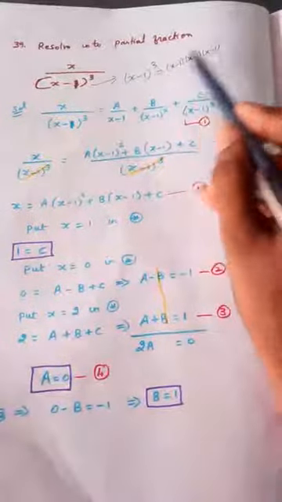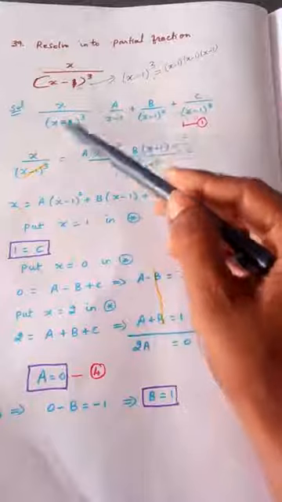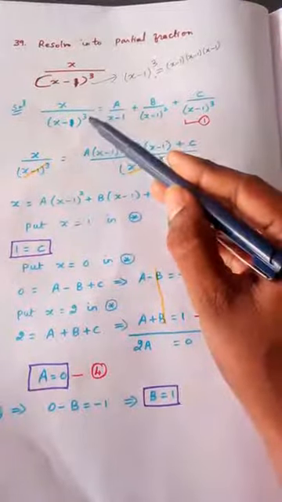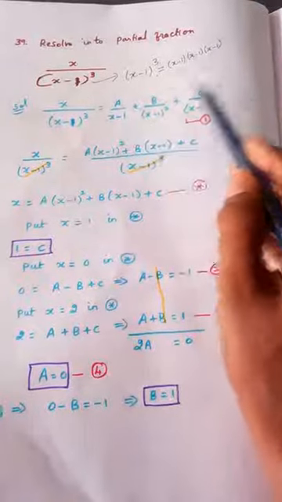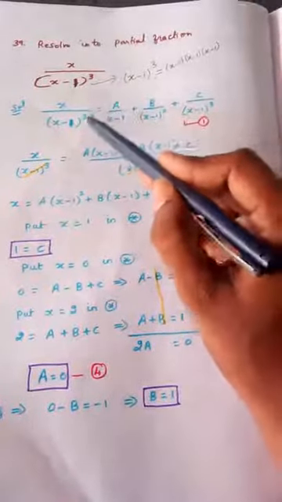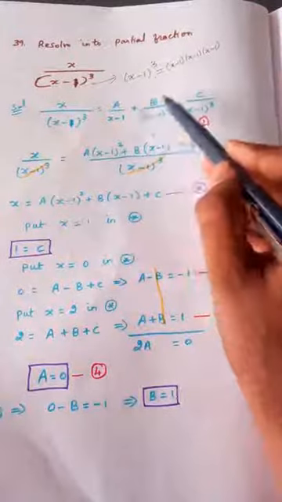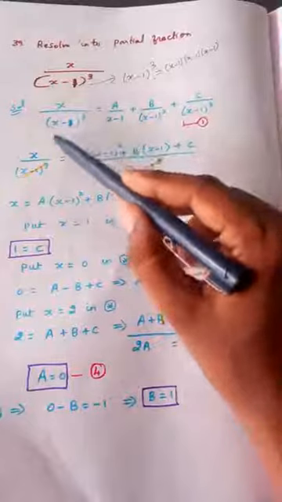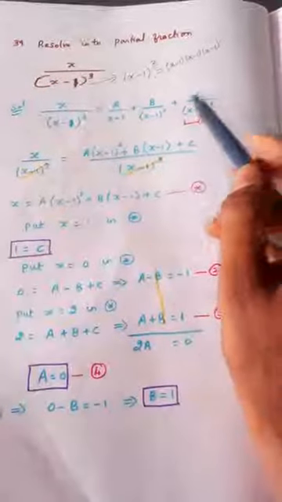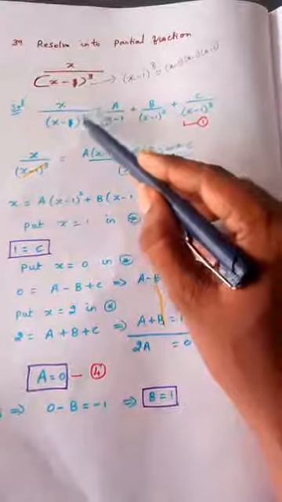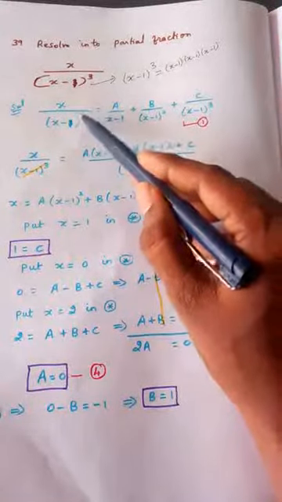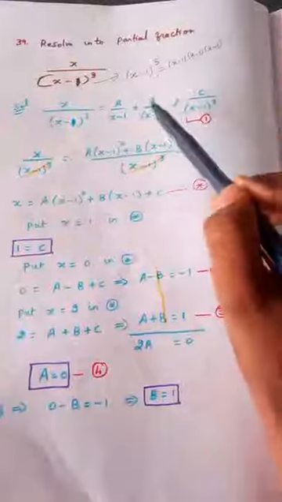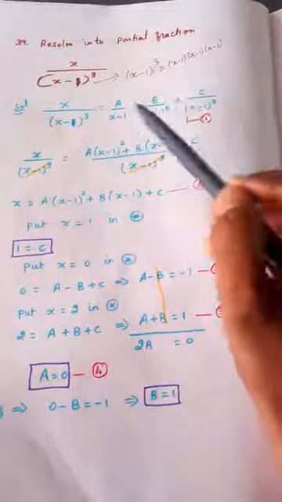So this kind of problem, how to do it: first write the question, and since power 3 is present, we will have 3 terms here. First term is a by x minus 1 plus b by x minus 1 whole square plus c by x minus 1 whole cube. Suppose if it is square here, then we will stop, we will not write this third term, we will stop up to the first and second term only.